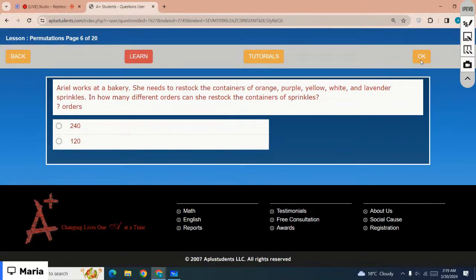And 5 factorial different orders are... the correct option is 120, right? That means you can do it in 120 different orders. The correct option is 120.